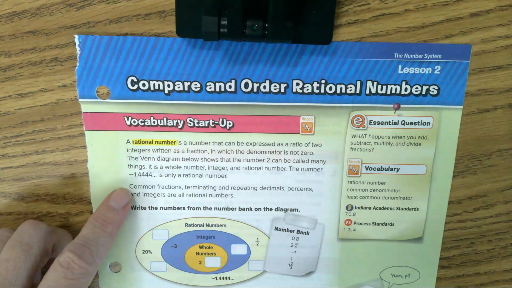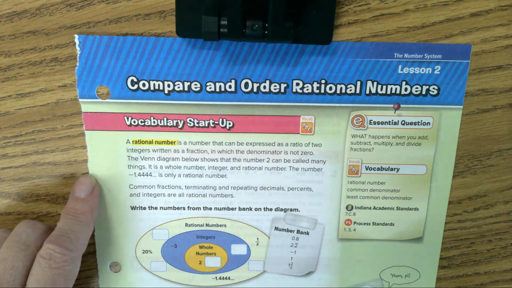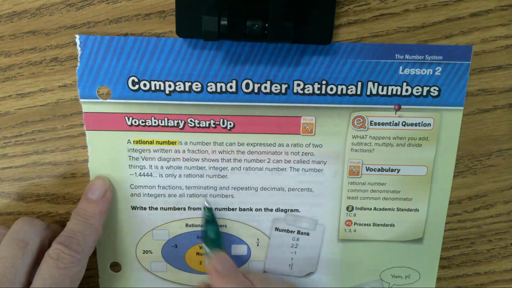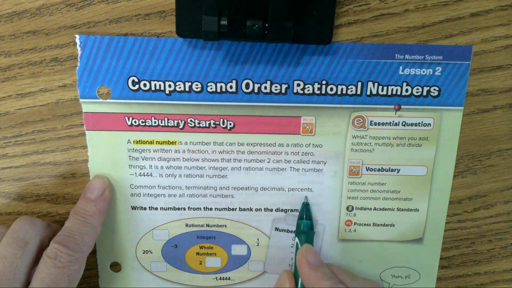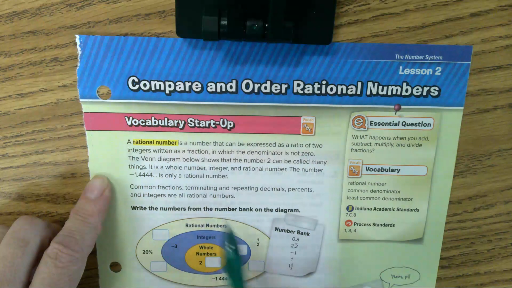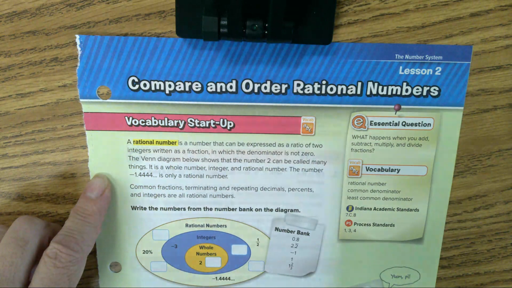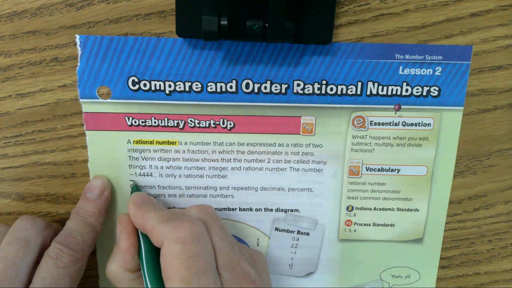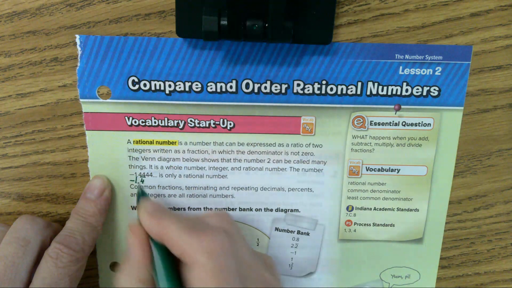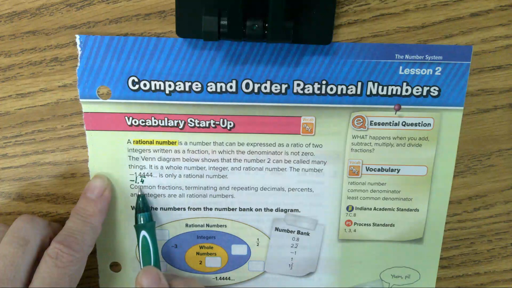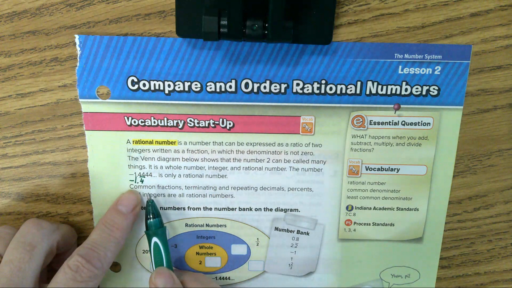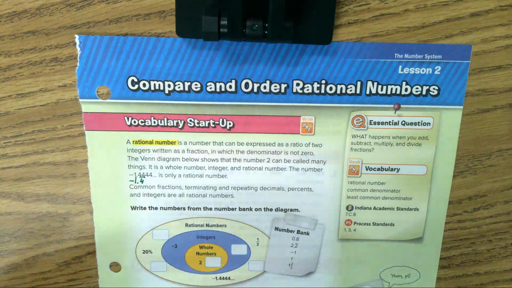Common fractions, terminating and repeating decimals, percents, and integers are all rational numbers. Another way that you could write that with a line over it is as a repeating decimal, so that keeps it a rational number.